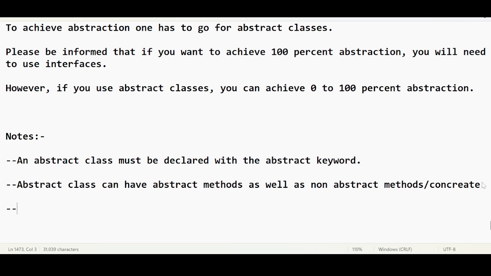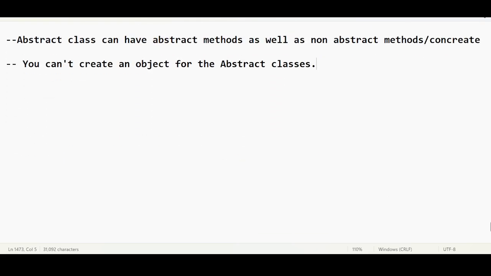Now the next point, the one drawback. This is a very important point. You cannot create an object for an abstract class. What does it really mean? If it is an ordinary Java class, this is how the object can be created.